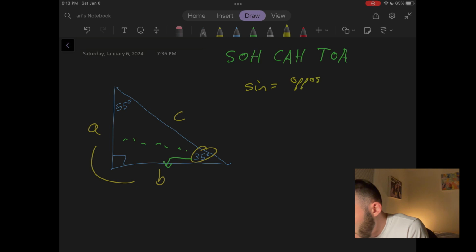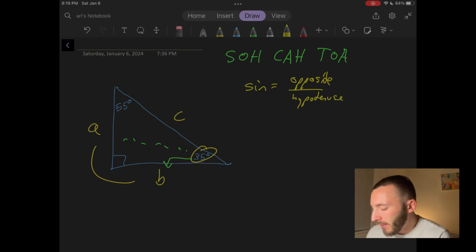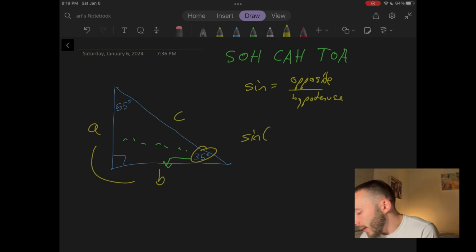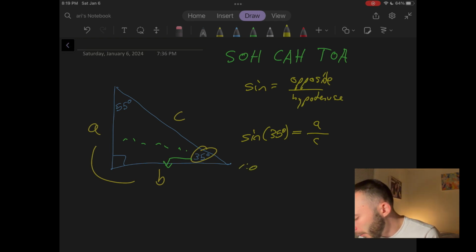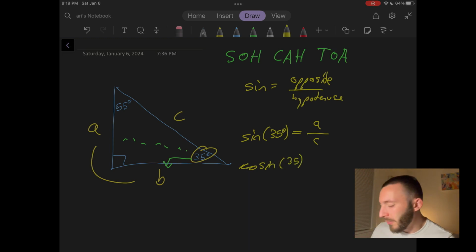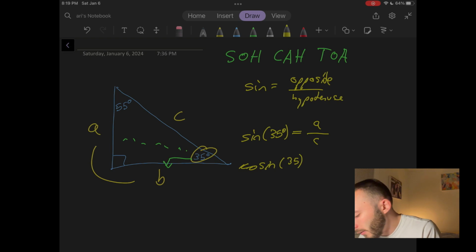If we're thinking from the perspective of 35, sine of the 35-degree angle, its opposite is A, and its hypotenuse is C. So sine of 35 is going to be A over C. Now, cosine of 35, that describes the adjacent over the hypotenuse. So that would be B over C.